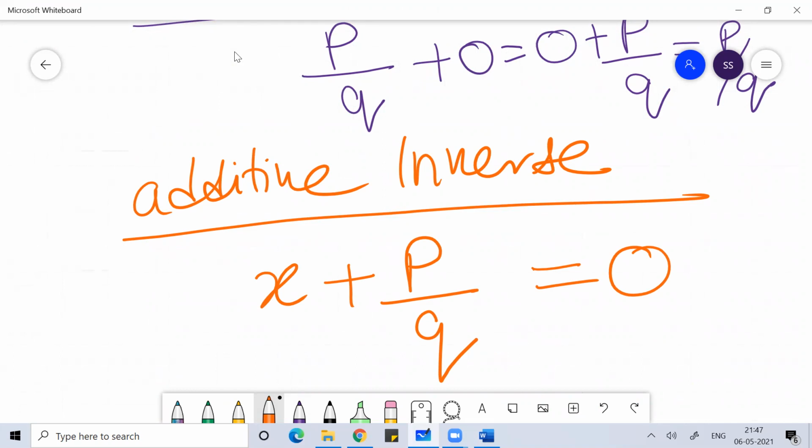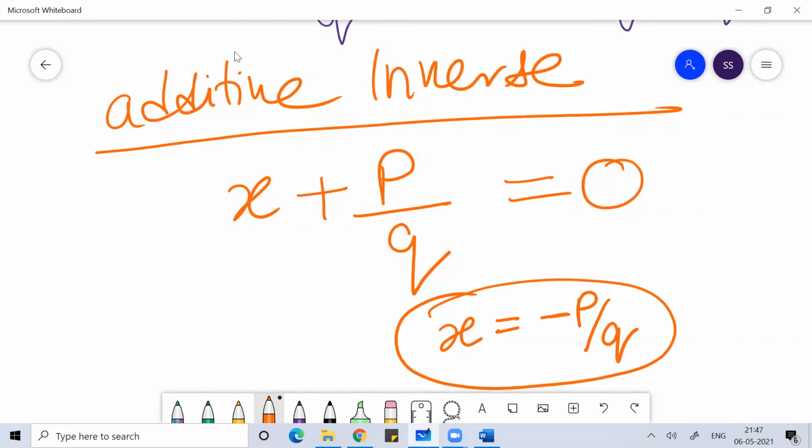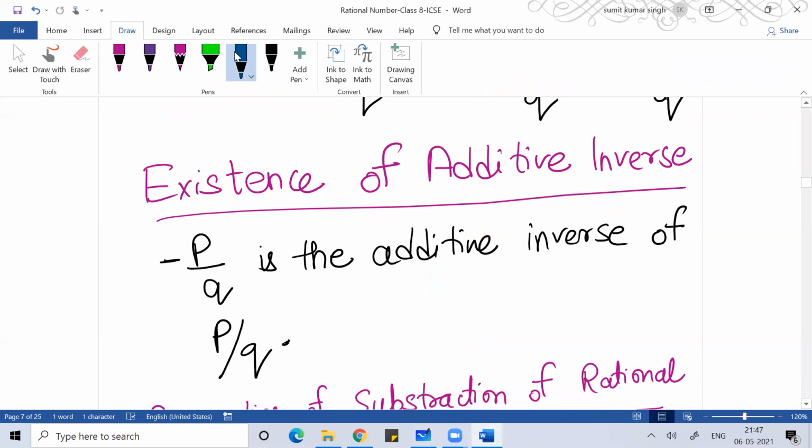Let's suppose I add x to that rational number so that I get its additive identity. So what is x? x is basically minus p by q, and this minus p by q is called the additive inverse of that rational number.